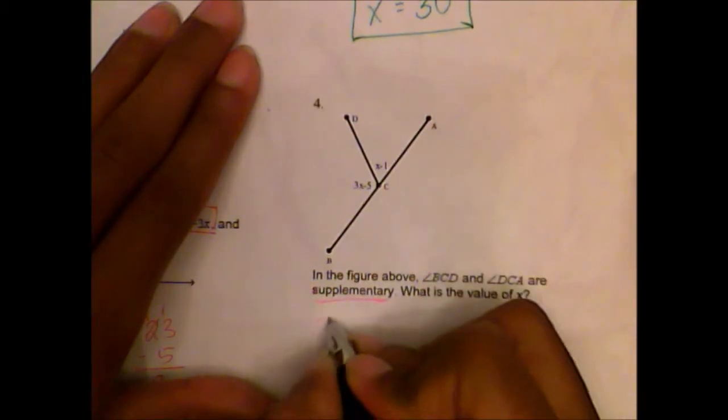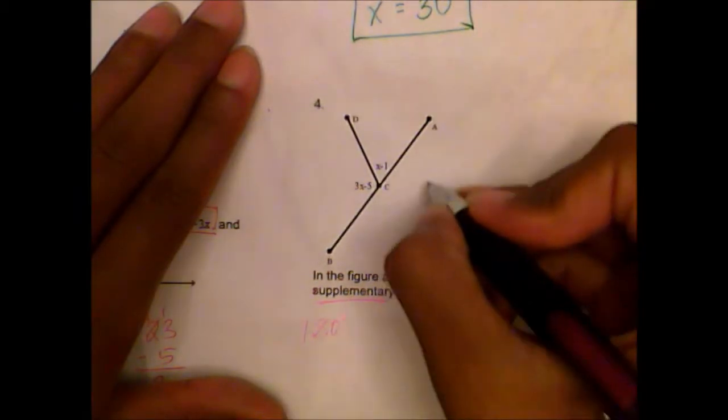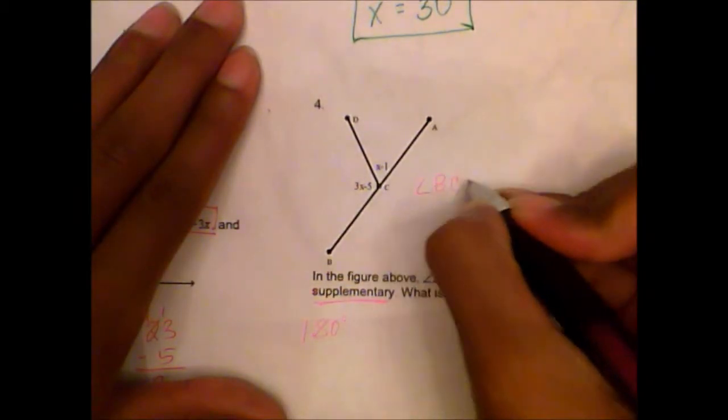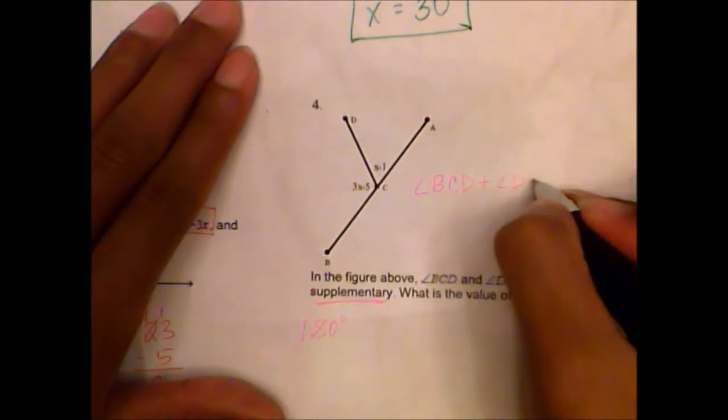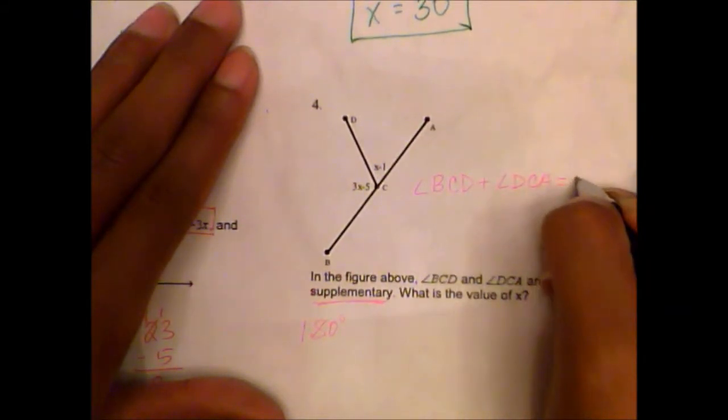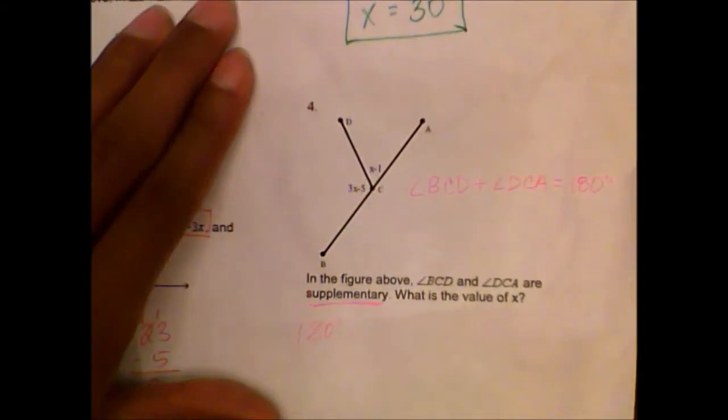If you forget the difference between supplementary and complementary, which one's 180 and which one's 90, supplementary begins with the letter S, so you can turn the S into an 8 for 180 degrees. So they told us that angle BCD plus angle DCA is supplementary, and by the definition of supplementary, we know they equal 180 degrees.